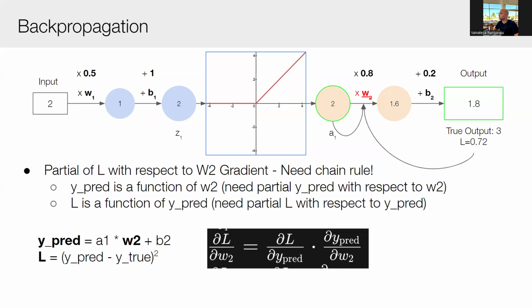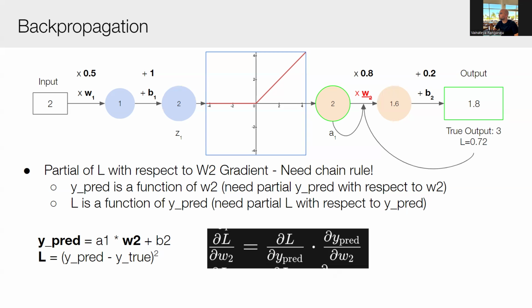So you have this f of g of x scenario, where the loss is a function of the output and the output is a function of the weight. The chain rule gives us a neat way to isolate the gradient we care about, the derivative of the loss with respect to W2, by multiplying out the intermediate functions: the derivative of loss with respect to Y prediction, and the derivative of Y prediction with respect to the W2 parameter.